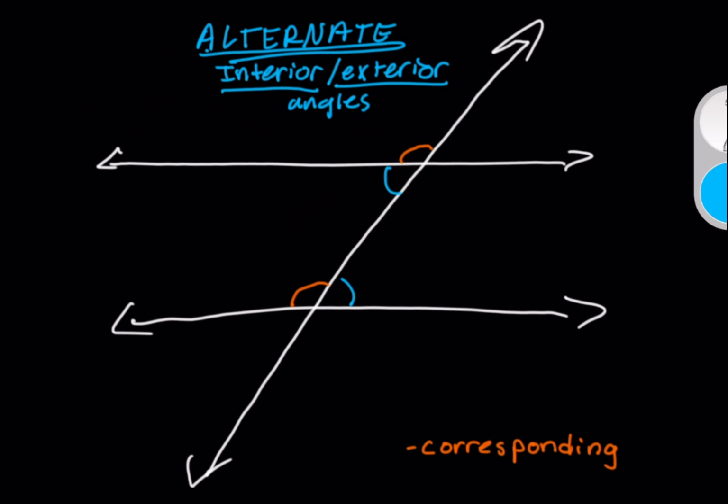So that's proof, basically, that alternate interior and exterior angles are congruent. And then we also have the alternate exterior.